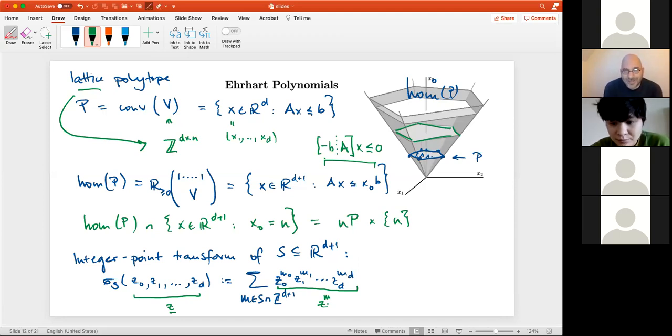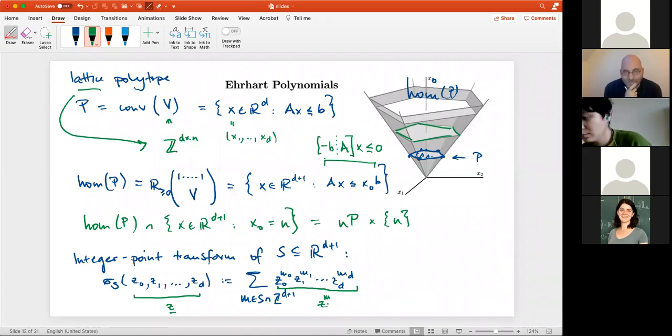Are there any questions about what's on this slide? So this polynomial is just the sum. We are not considering any other possible function made of these monomials.